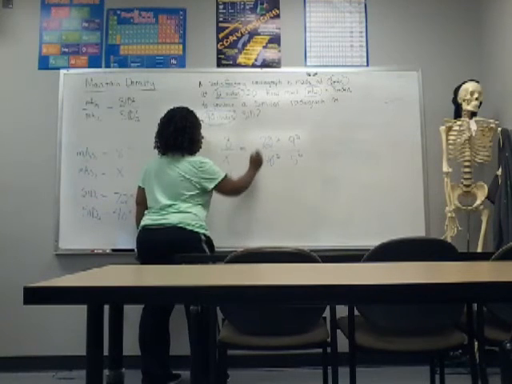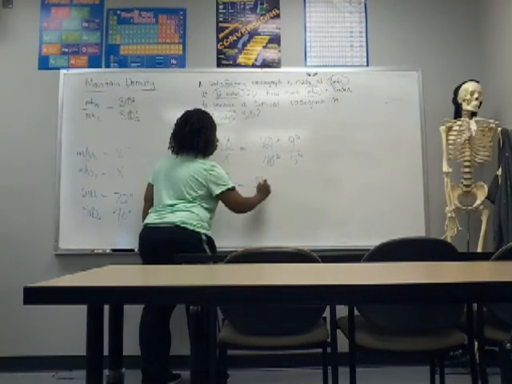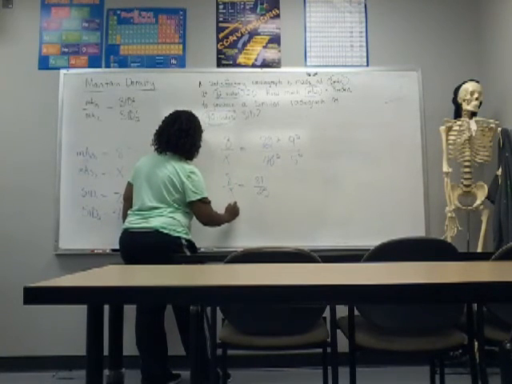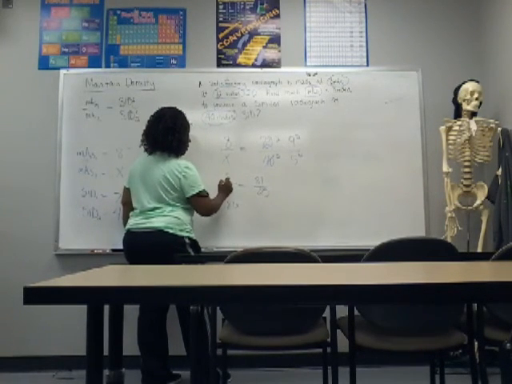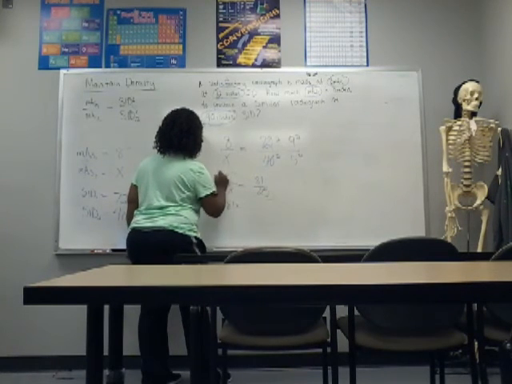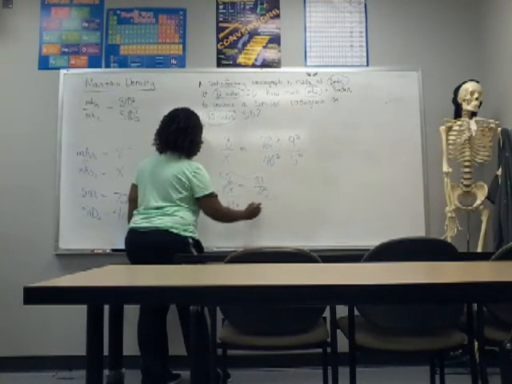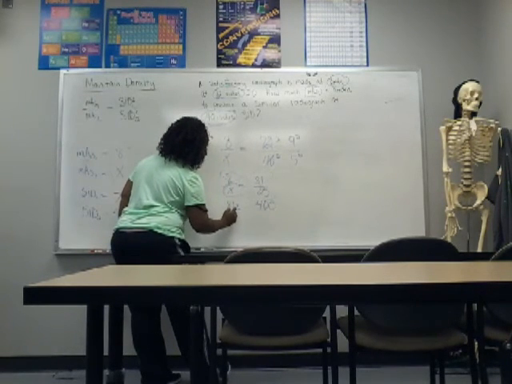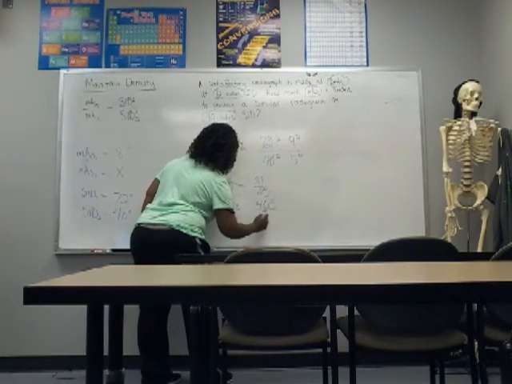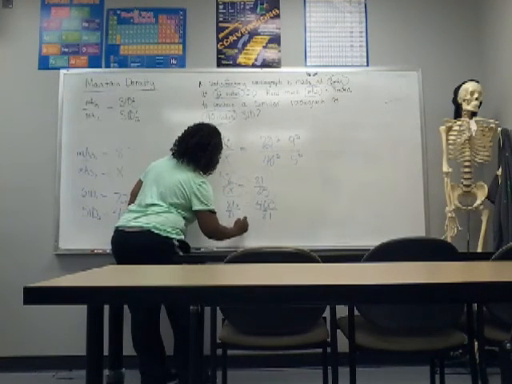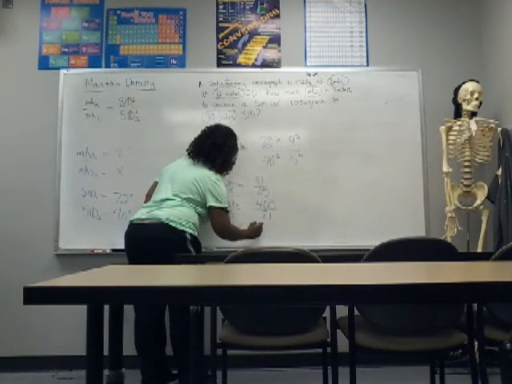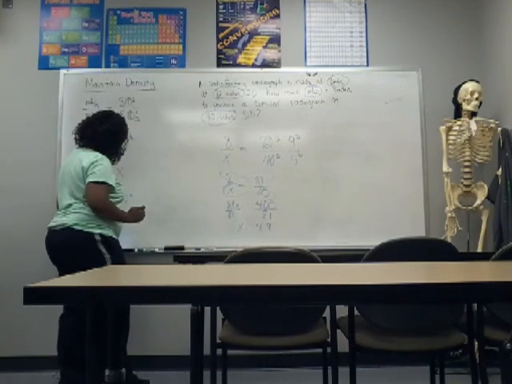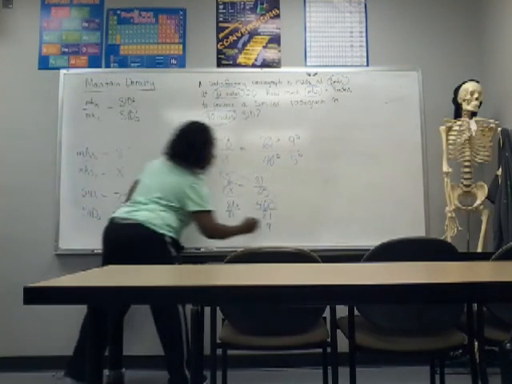8 over x equals 81 over 25. 81x equals, because I'm cross multiplying, 400. To get x by itself, I'm dividing by 81. x is equal to 4.93827.